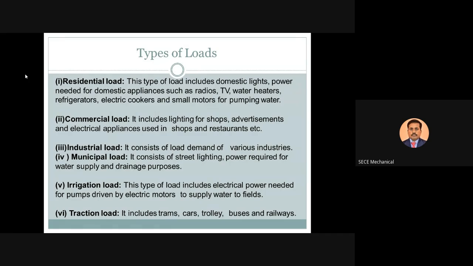What I'm trying to say is that the power used for processing, production or manufacturing comes under industrial load. Next, municipal load.